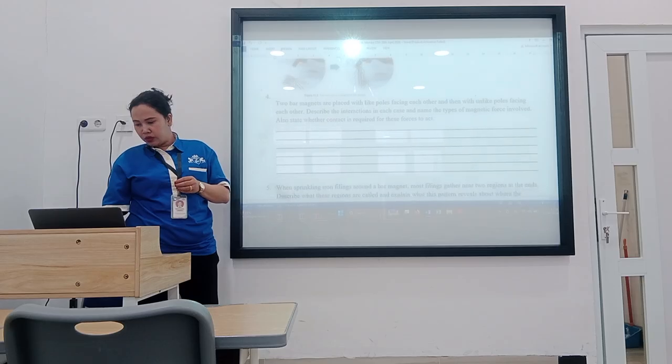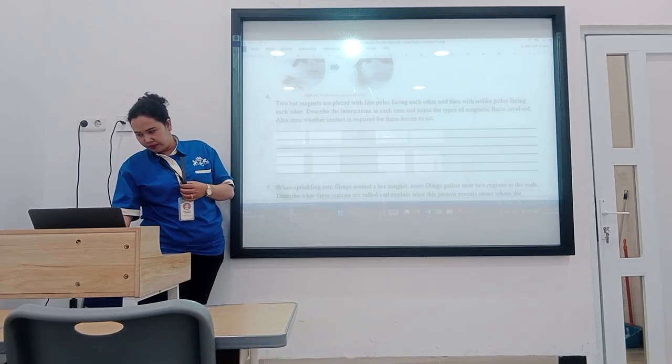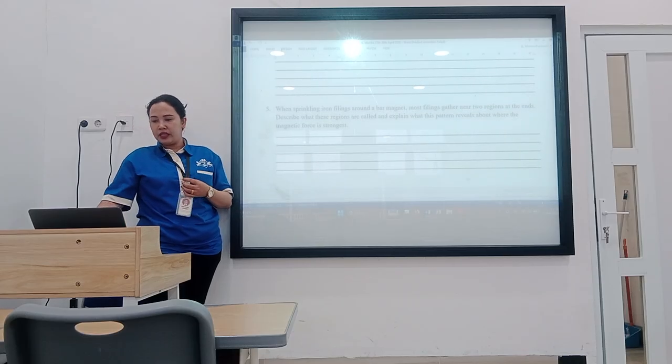They are put at a distance, so we can do it without touching. Okay, Miss. Number five, when sprinkling iron filings around a bar magnet, most filings gather near two regions at the ends.